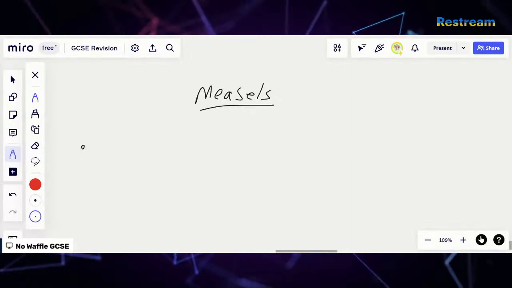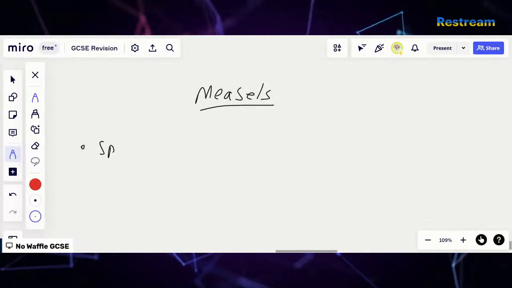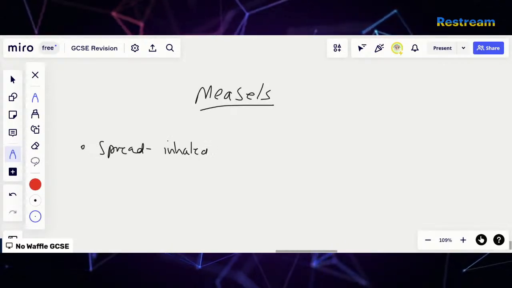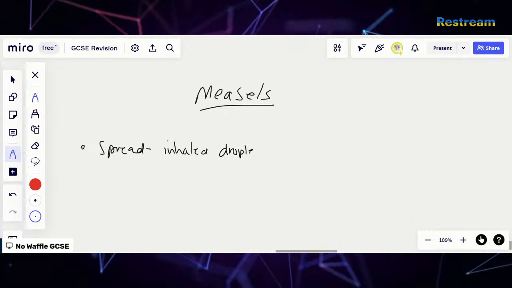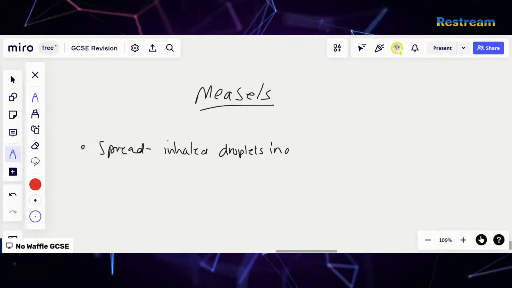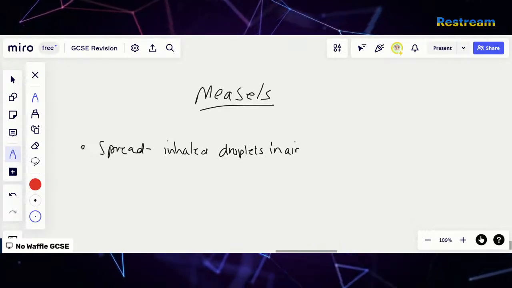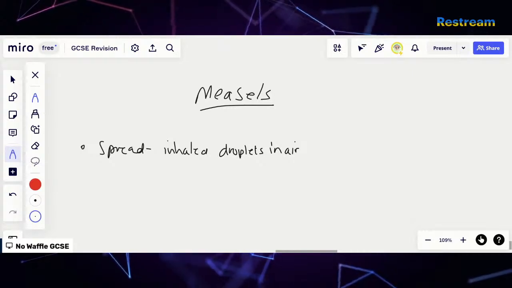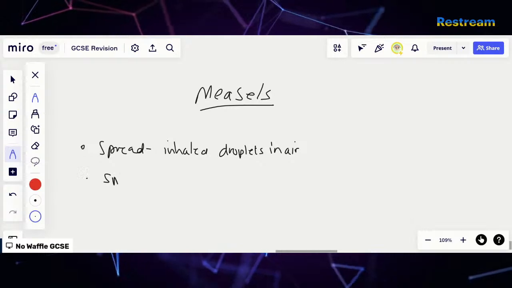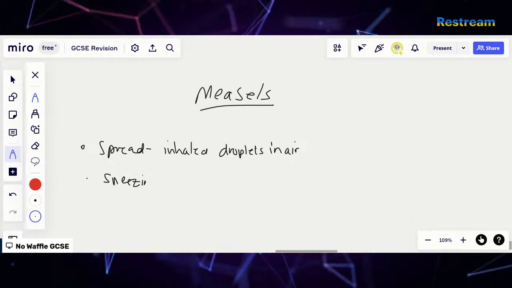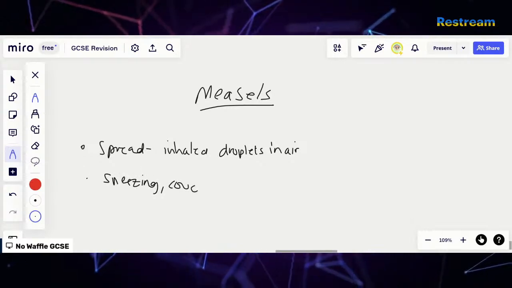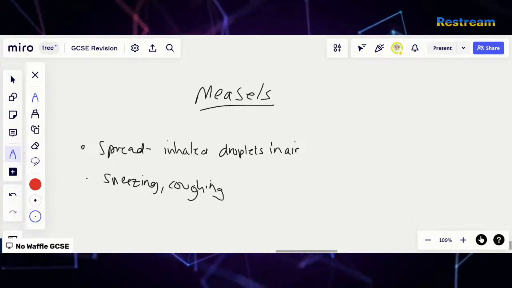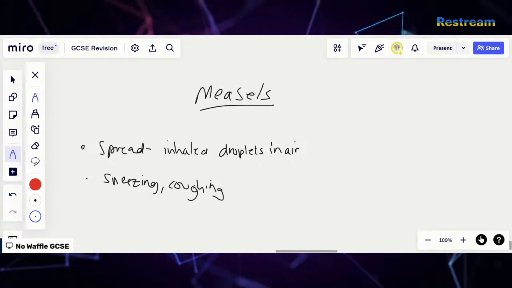So in order to spread it, you need to have inhaled droplets in the air that contain measles. And where do these droplets come from? They could come from sneezing, coughing, touching certain surfaces, and things like that.